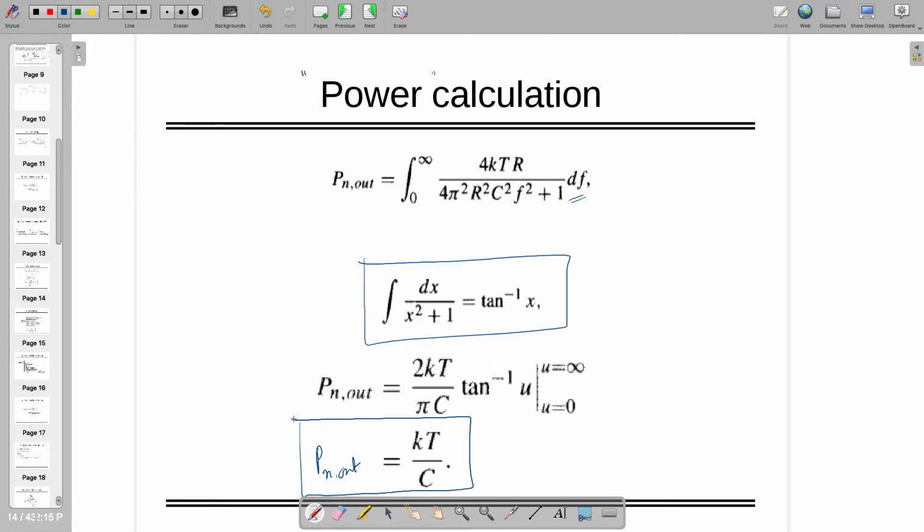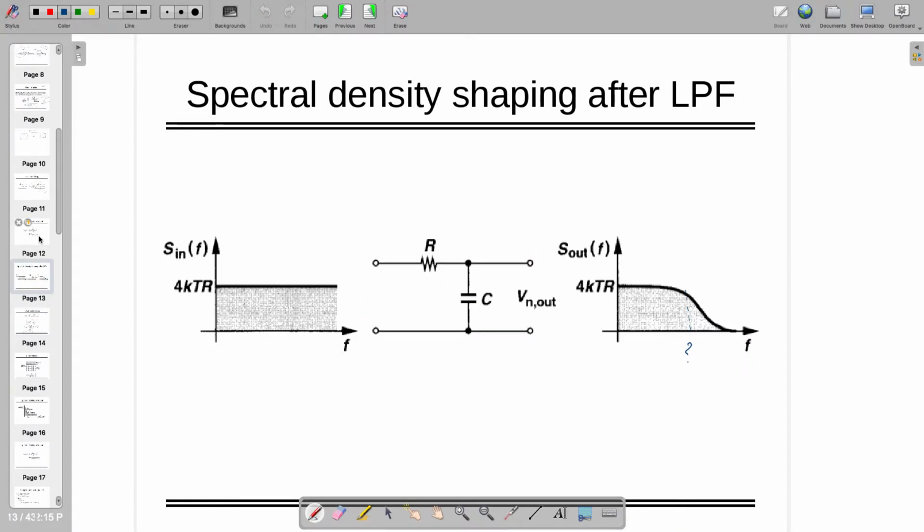This is actually an important derivation. So the power of such kind of noise, when it's just an RC circuit, is kt by c.